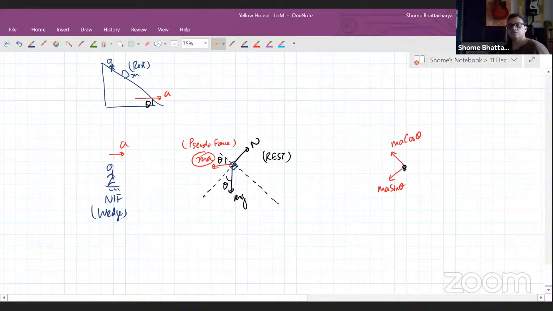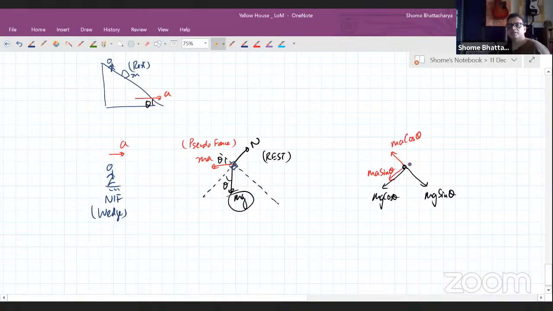Mg will have one component like this, mg cos theta, and one component like this. Let's write that in a different way. Yeah, so mg's components will be like this, mg cos theta and mg sin theta along the inclined plane. So mg's components we have taken.